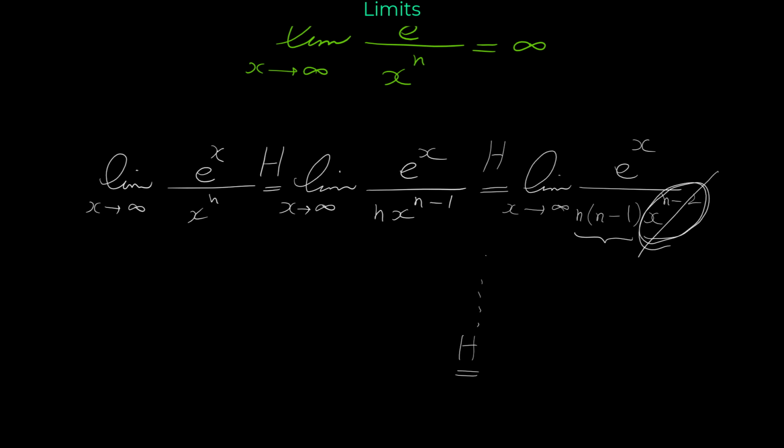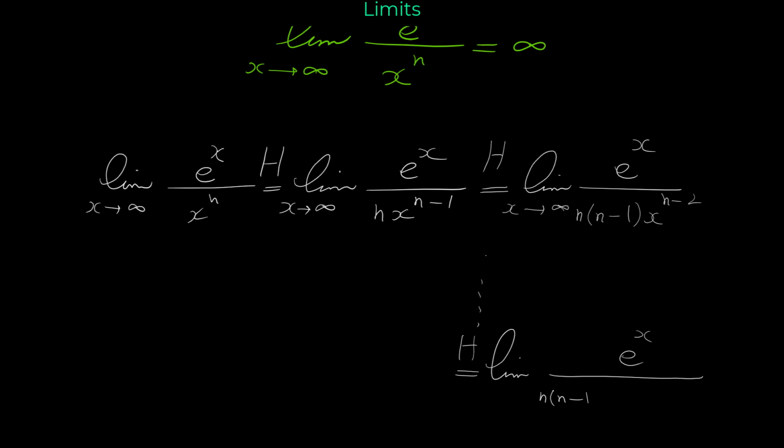Now let's go back to our question. By applying L'Hopital's rule repeatedly, and actually n times in total, we get to the limit of e to the x in the numerator, and the denominator would be n times n minus 1 times n minus 2 and so on up to 1 when x approaches infinity.